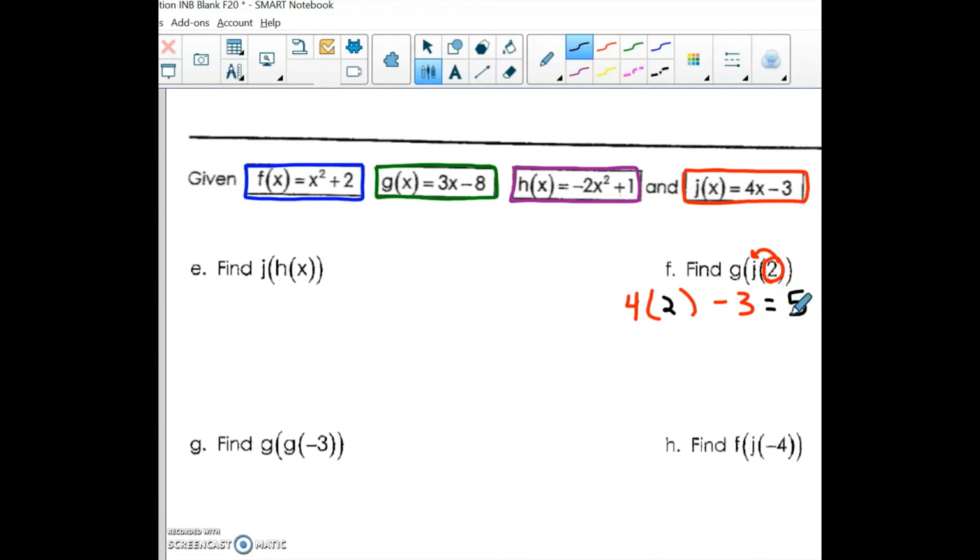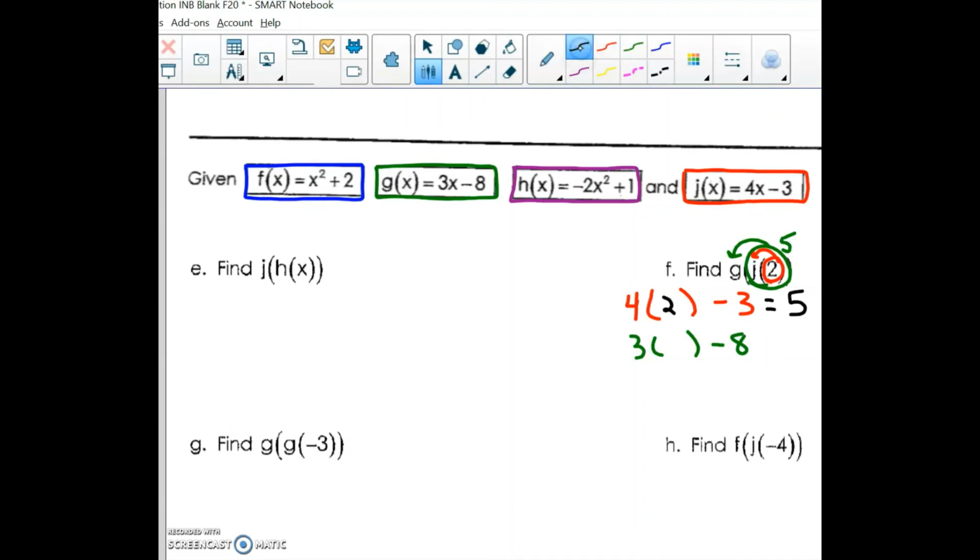So what we just found is a value that is now going to be put into the g function. And so that is 5. We're going to take 5 and put it into the g function. So the g function is 3 times something minus 8.